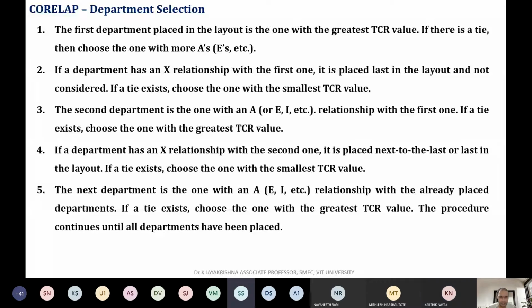Mechanical department, because the TCR value is higher than the civil department. It is 10 and this is 8. So you have to place the department with the higher TCR value close to the first allocated department, because it has more closeness rating.